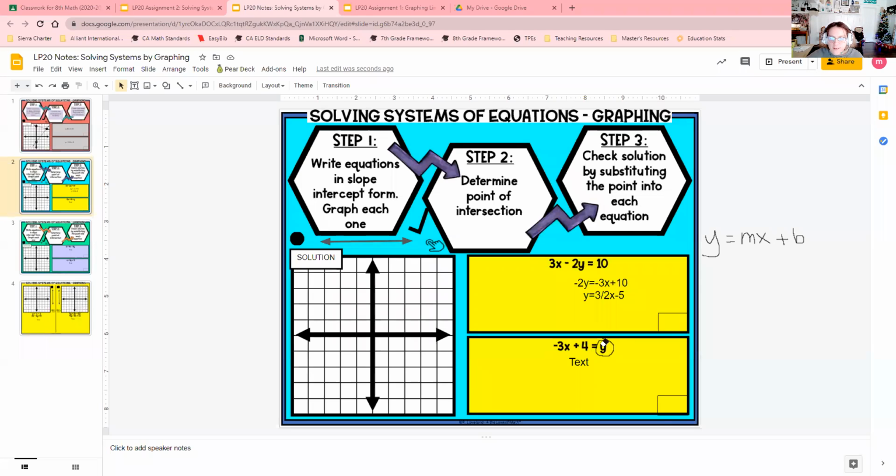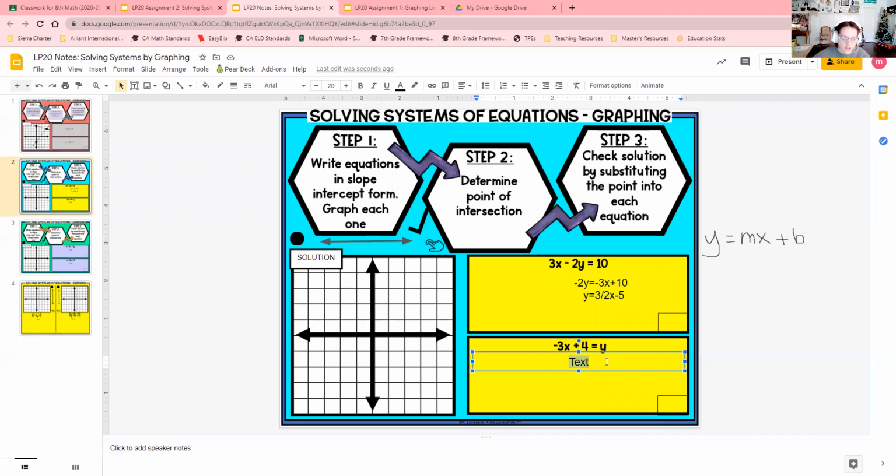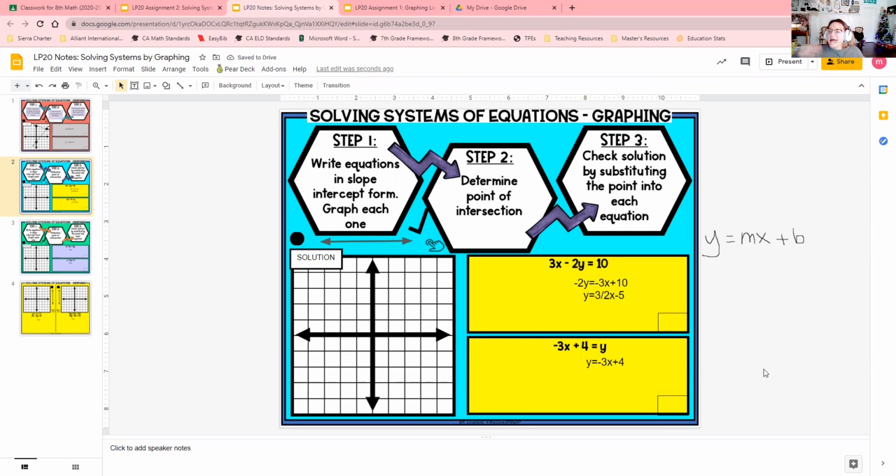So in order to do that, we come into our text box, and I'm going to start with my y equals, and then I'm just going to put everything else in the same order on the opposite side. So y equals negative 3x plus 4. And just like I did before, I want to line up my equal signs just so it's easy to see what's going on. Now that we have our two equations set up in slope-intercept form, we can graph them.